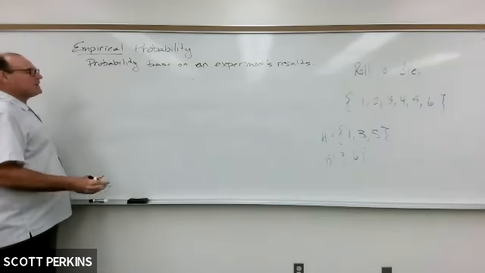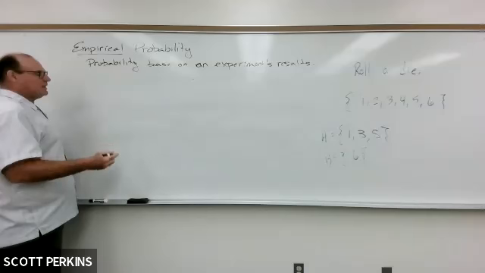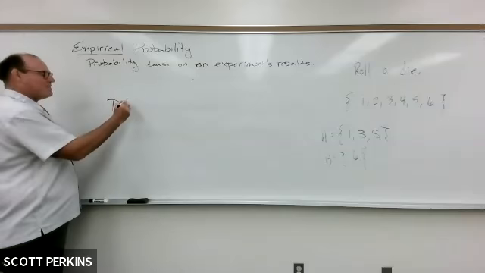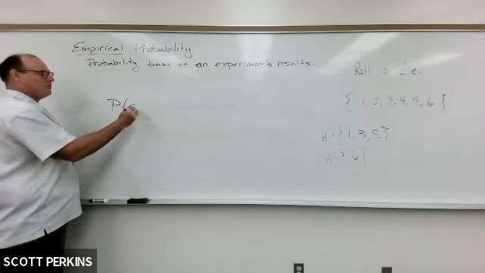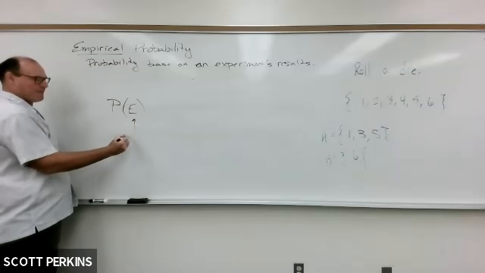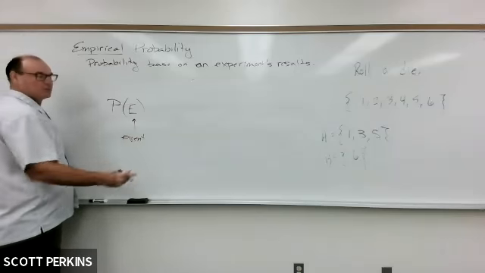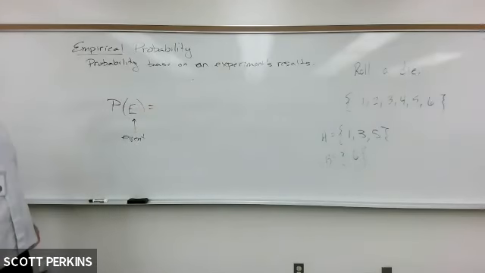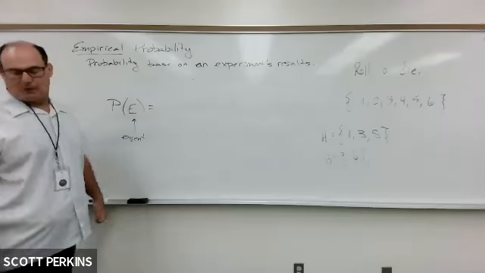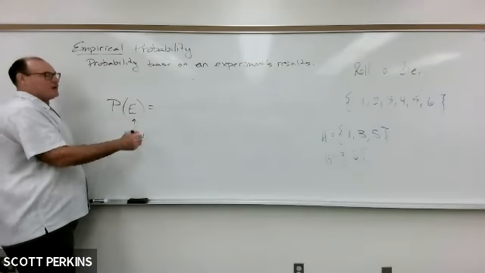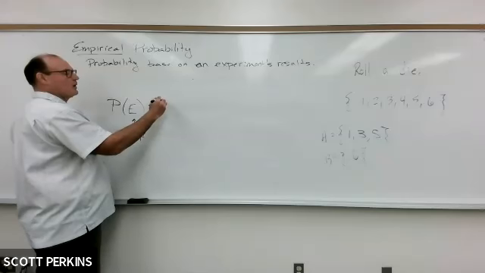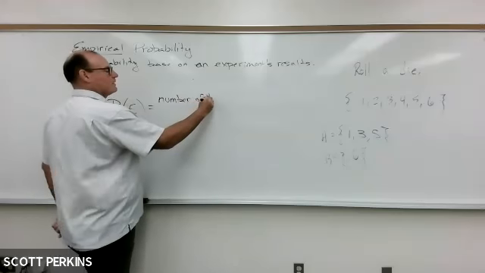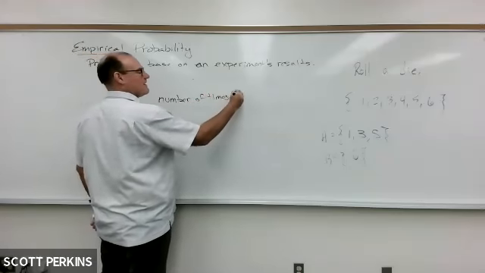And so here's a little notation about probability. Our book, and in this class, we'll use for the most part the letter P for probability. And then in some parentheses, we will describe the event. And here's how you calculate empirical probability. In the numerator, you're going to put the number of times your event happened.